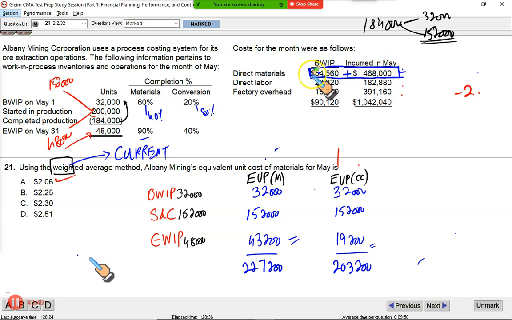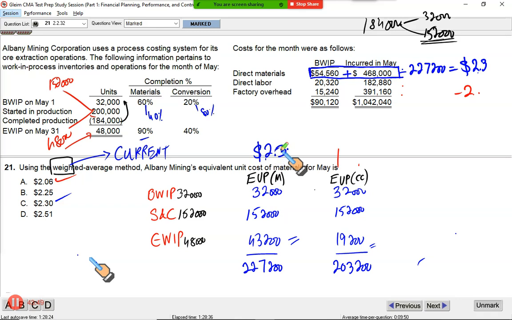Total material in the beginning work in process and added, divided by 227,200. This gives me a beautiful rate, $2.3. I call it beautiful because there is just one place after the decimal, and it perfectly matches option C.